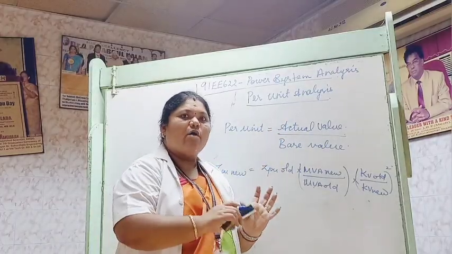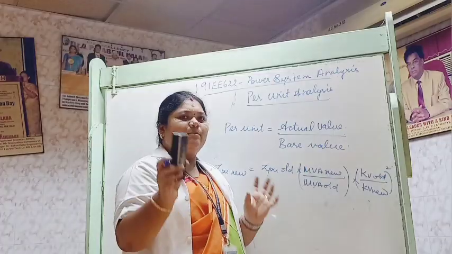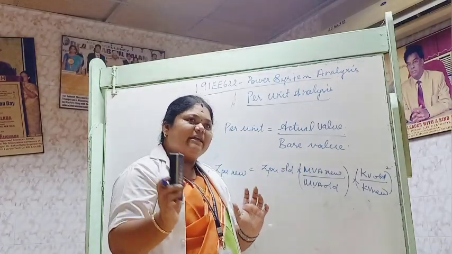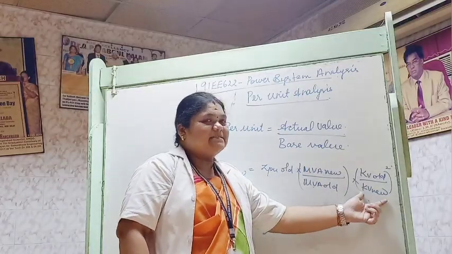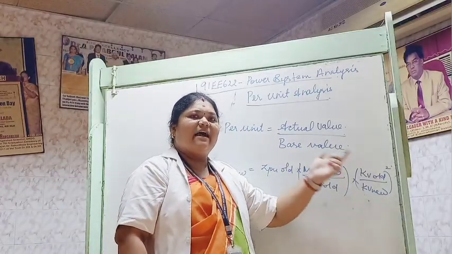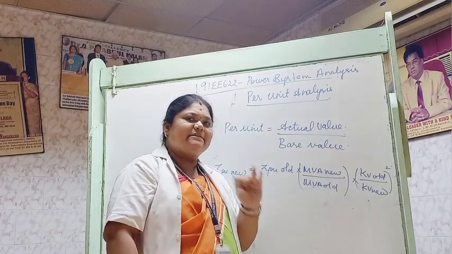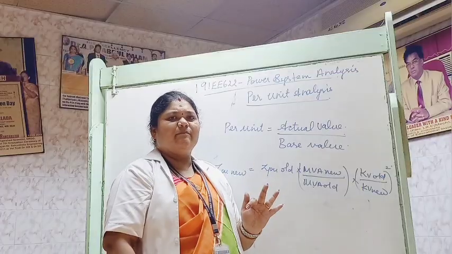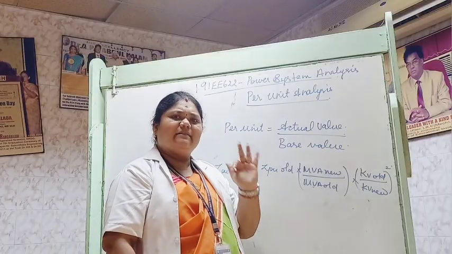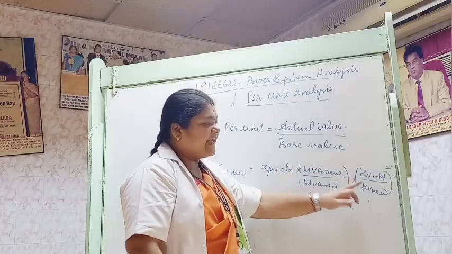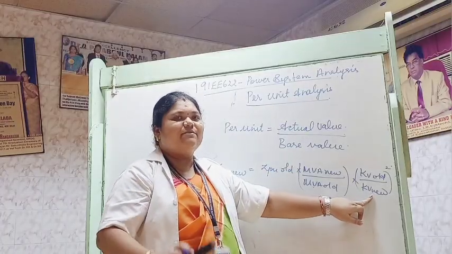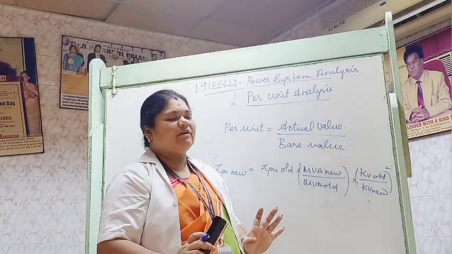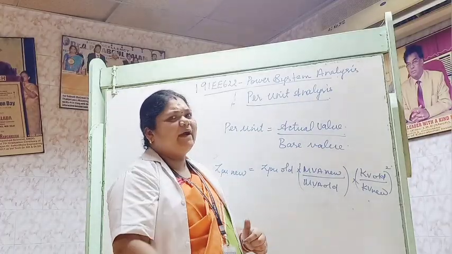For a common problem they will give a single line diagram representation, and for it we will have a base kV value and a base MVA value throughout the same problem. For each and every component we have the same base value. Your kV base value alone will be changed after the transformer, which we'll discuss while doing the problem.